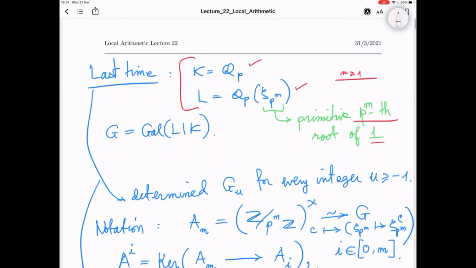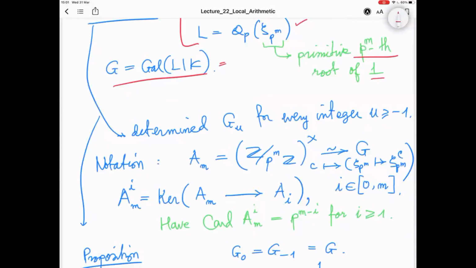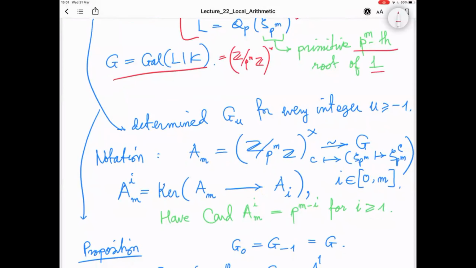Of course, we had determined the Galois group. We had seen that this can be identified with (Z/p^mZ)^*. And we had determined G_u, G sub u, for every integer u.